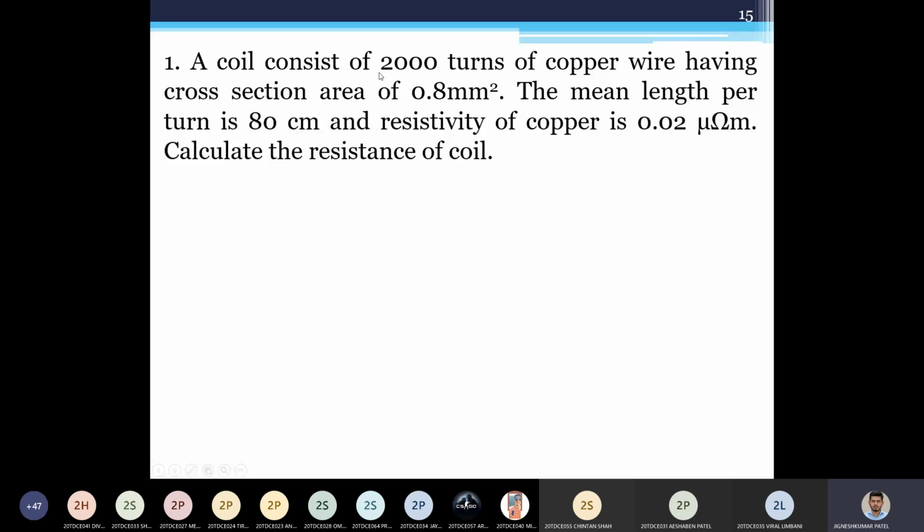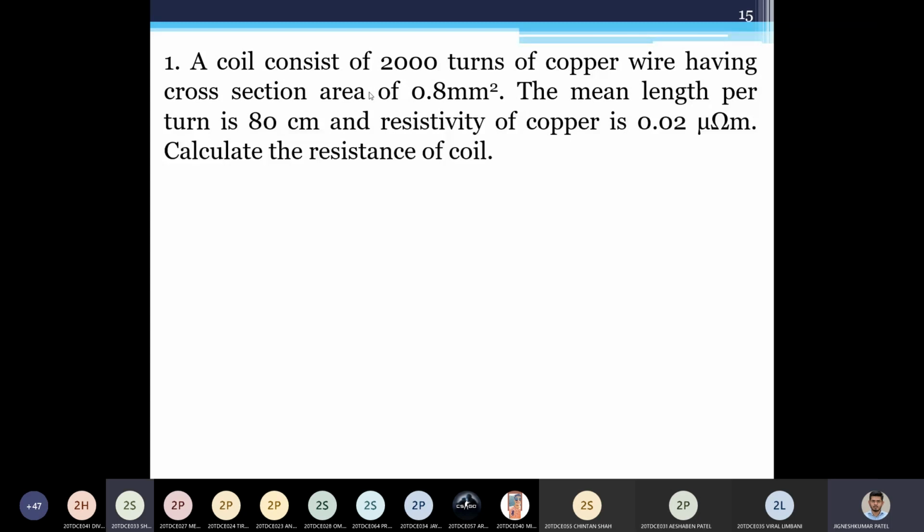So we'll multiply 80 with 2000, and it would be 1,60,000, but this would be in centimeter. So I will convert it to meter. It would be roughly 1600 meter of wire.